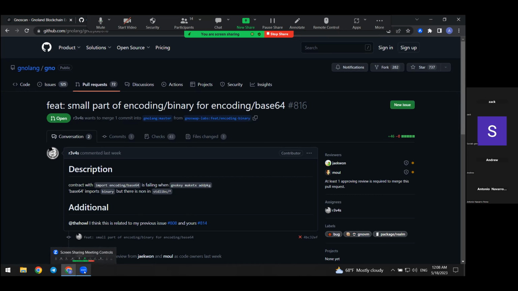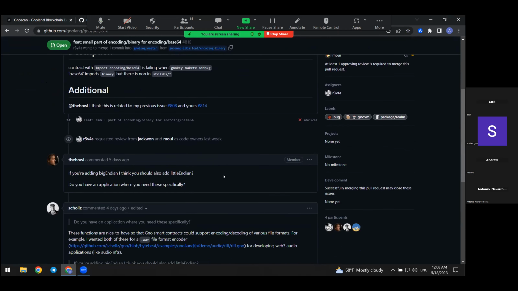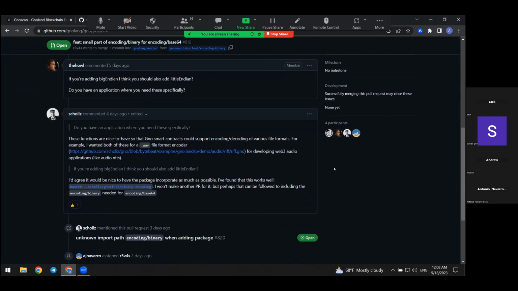Yeah, I wanted to add on to the base64 one. I was using it as well, and I found some other pieces were important. I made a little comment about it, but if we could include those other encoding binary things, that would be great. I have a little WIP as well, but I didn't want to make another PR.